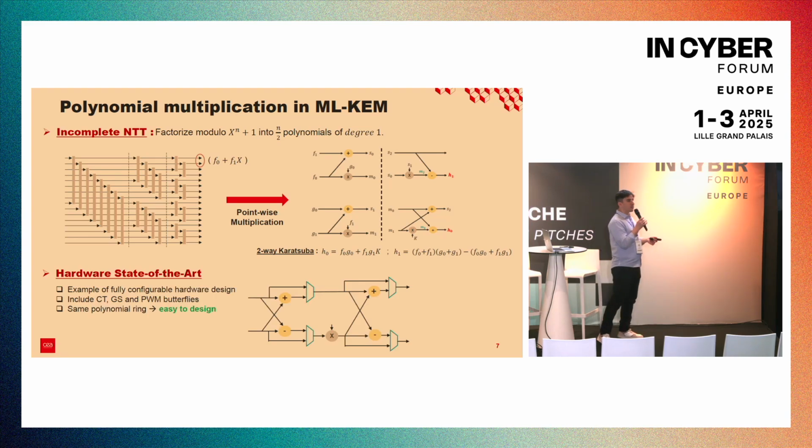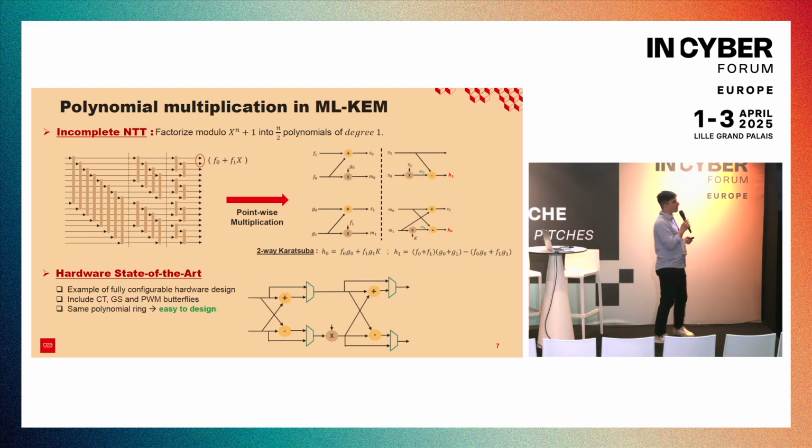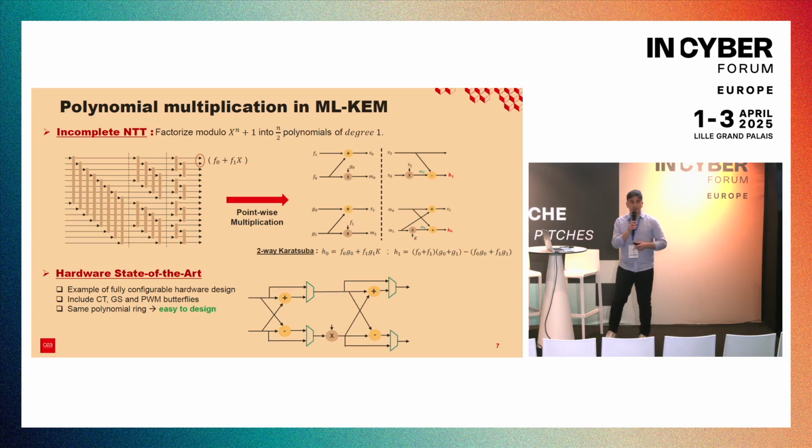Looking at the state of the art about hardware implementations of the NTT, what we can find are configurable hardware implementations, which take into account all the butterflies that we have seen so far for this operation, and which rely on the same polynomial rings in order to perform the arithmetic operations.